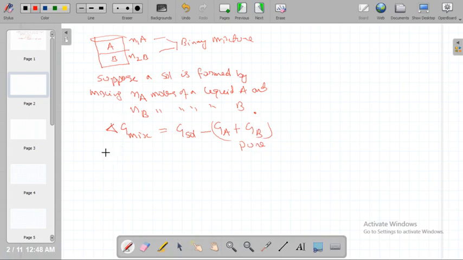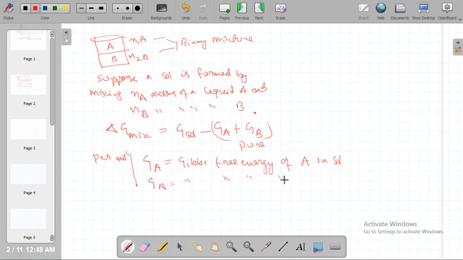So per mole of solution, suppose Ga is the Gibbs free energy of component A in solution, and Gp is the Gibbs free energy of B in solution, and Ga bar is the Gibbs free energy of A if the solution is pure, and G bar B is the change in free energy of B if pure.